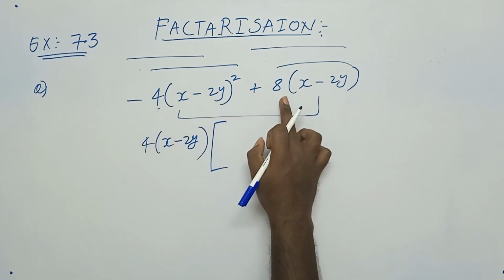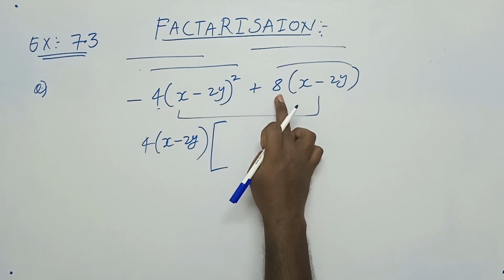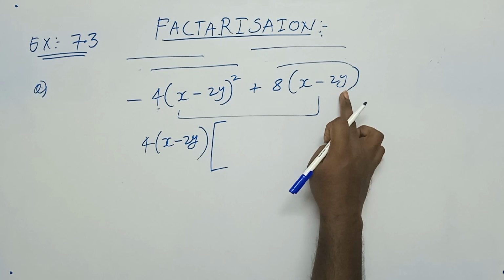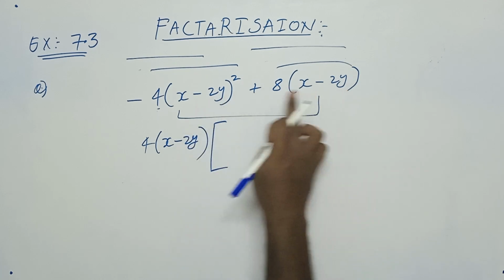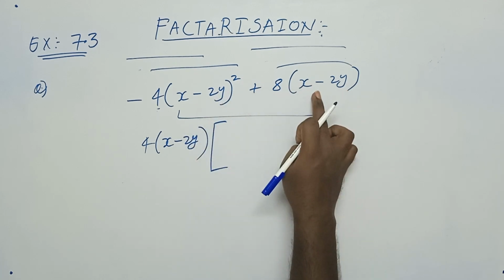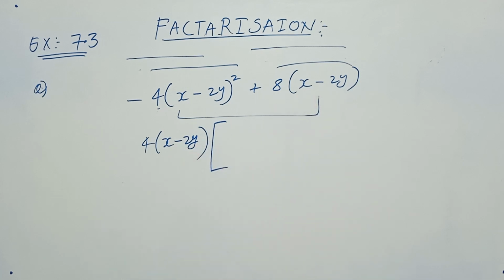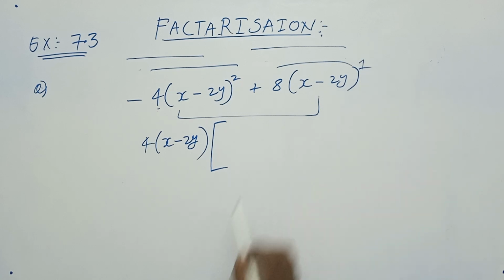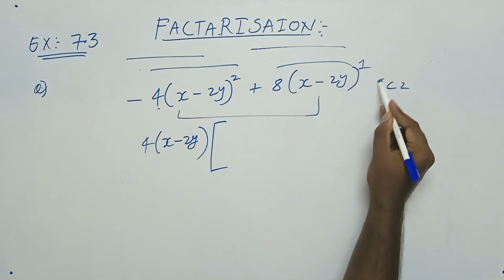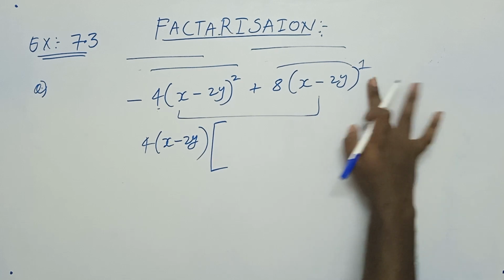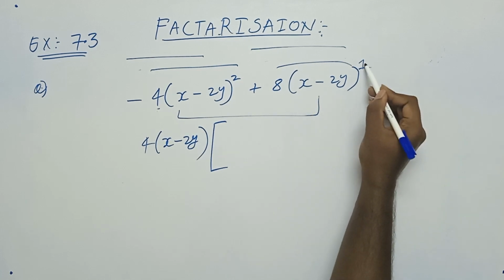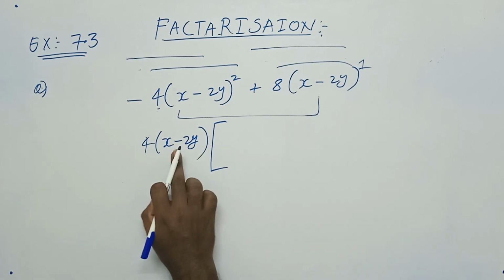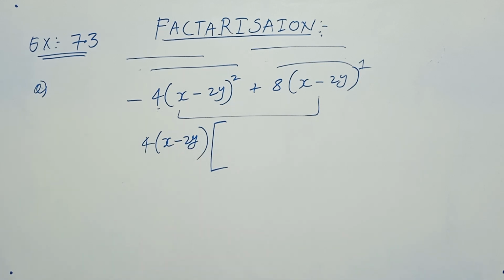Here we have a 4, here we have an 8, so we have taken their HCF, and for x minus 2y whole square and x minus 2y, we got x minus 2y, because here we have power 2 and here we have power 1. So 1 is less than 2, that means we have to consider 1. The variable which has the lower power should be taken as the HCF. That is why I have taken x minus 2y as their HCF.